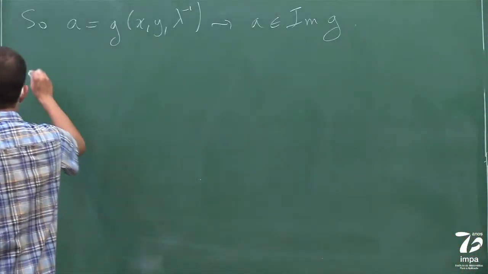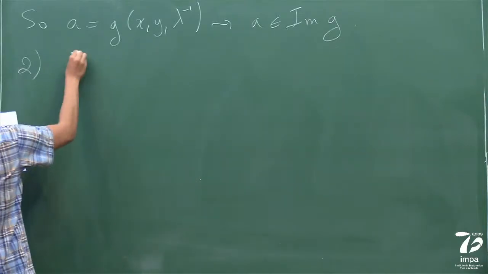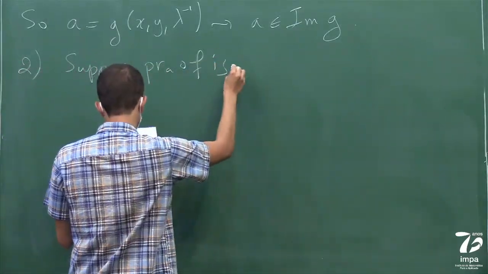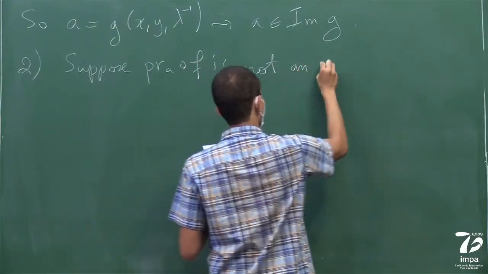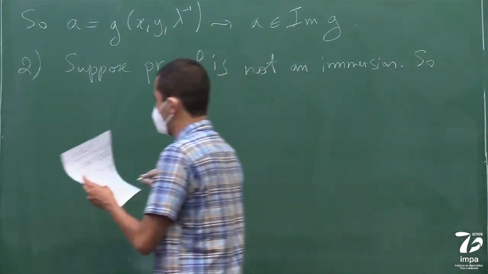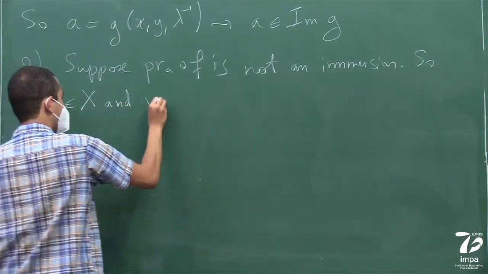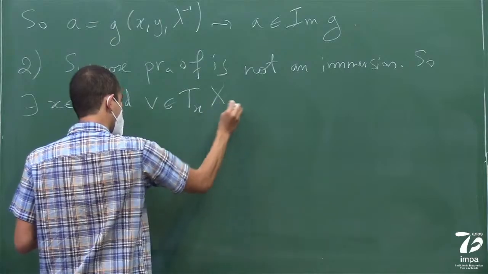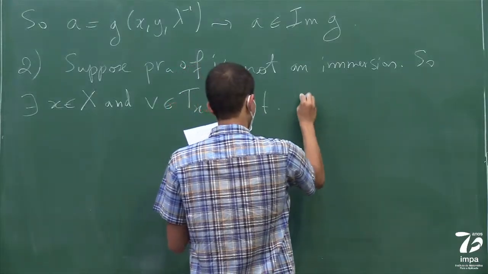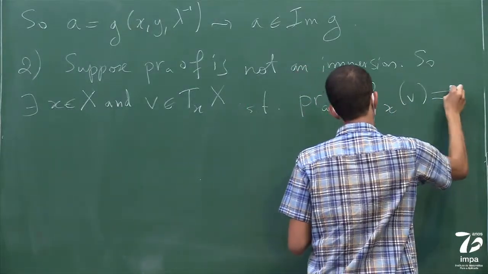So that's number one. And then number two is kind of similar, but for the derivative. Suppose that when I compose with a projection, this is not an immersion. So there exists a point in X and a vector in the tangent space to X such that when I project in the direction of A, df of X of v, I get 0.